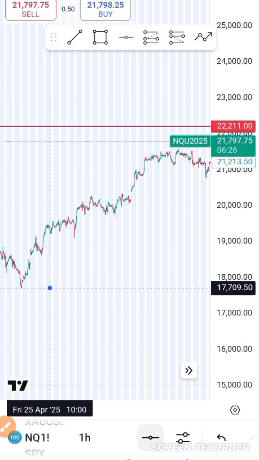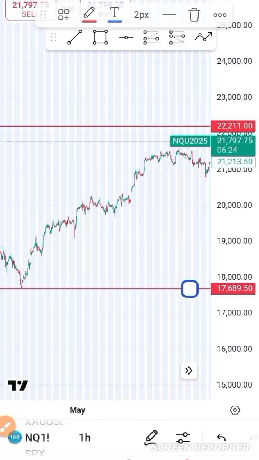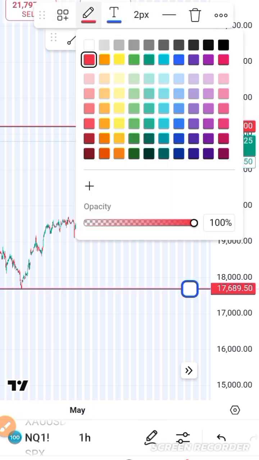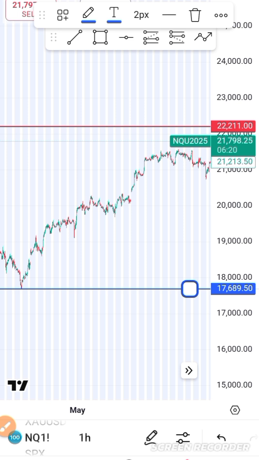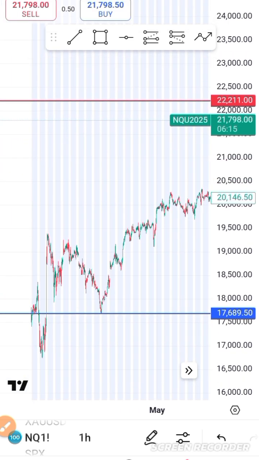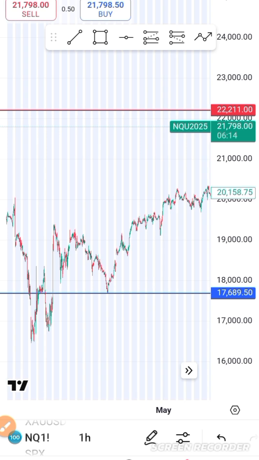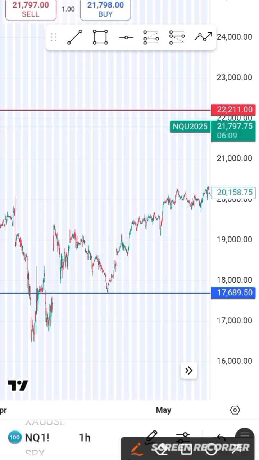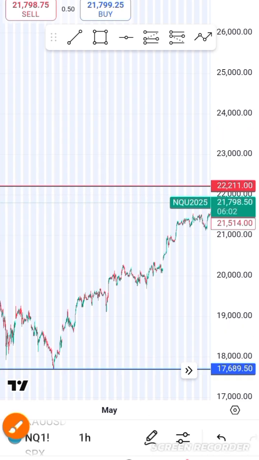Remember that your support must always be in blue. This is support. As you can see here, I have put my support here, this is my support here.